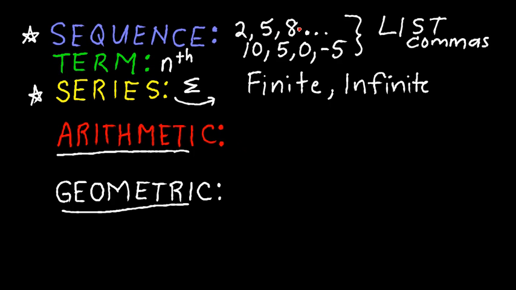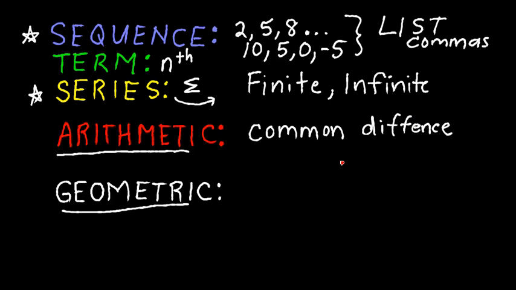In the first one, when I go from 2 to 5, and then from 5 to 8, I'm adding 3. In the second one, when I go from 10 to 5, 5 to 0, and 0 to -5, I'm actually adding a -5. So you are adding a common difference. And that's what makes arithmetic.